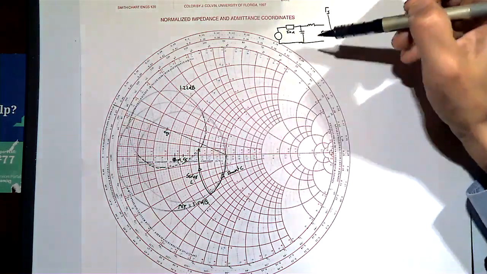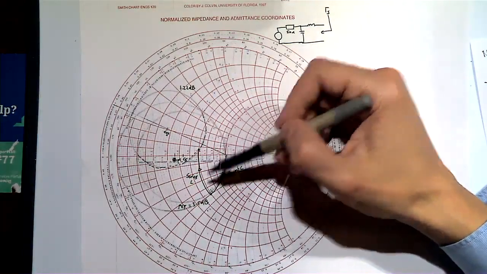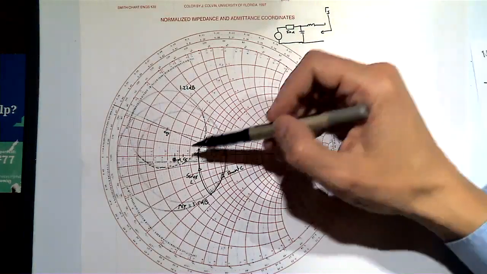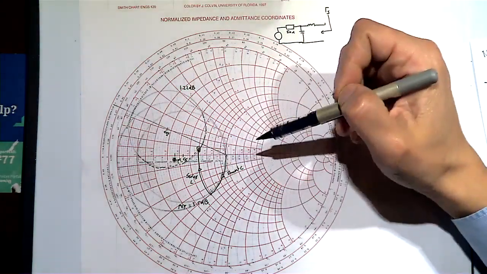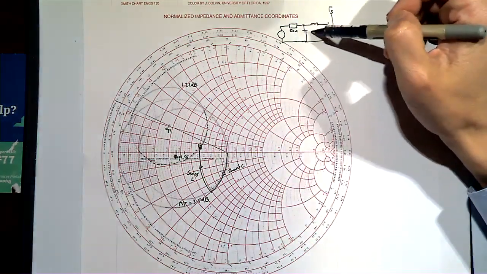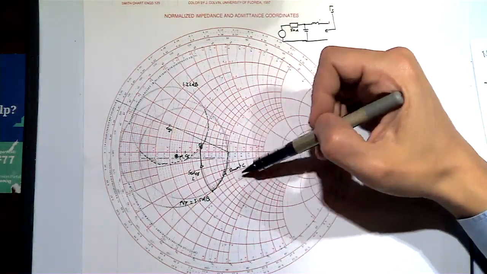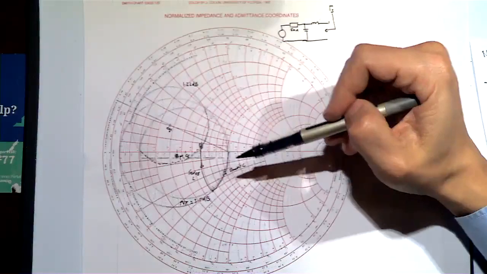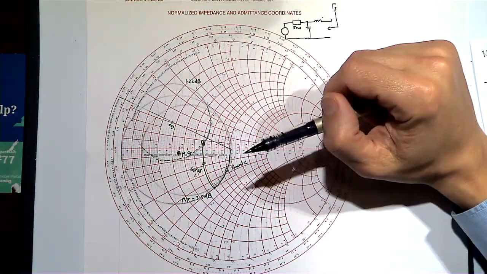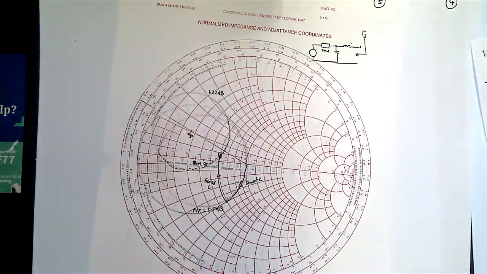I can add a shunt capacitance and then a series inductance so that I can get the requisite gamma S. Once I do that, I can work out what the C and the L are, so that I get 3.5 dB noise figure and 1.22 dB gain on my source network. And then of course you would do your gamma L circles and work out what the gain is there.